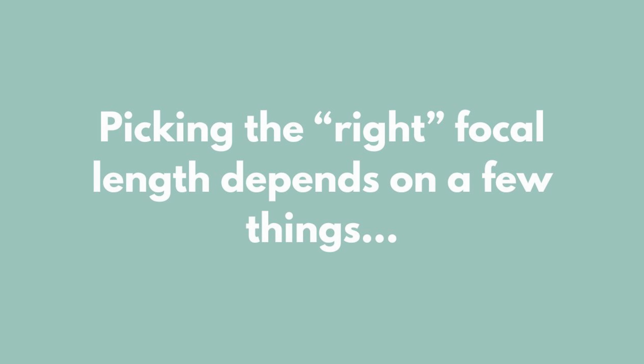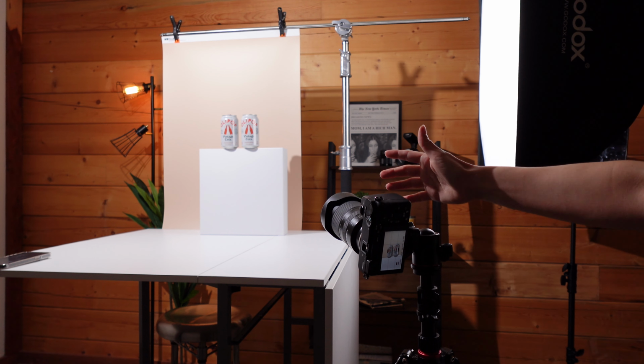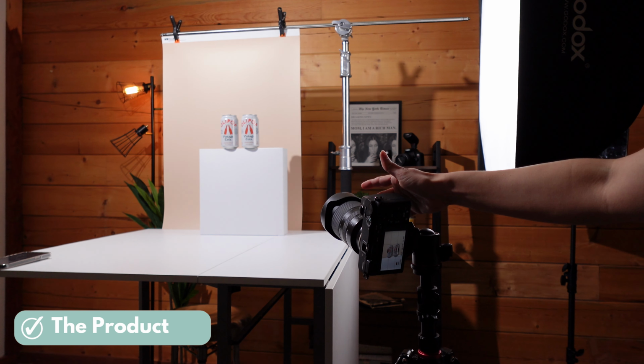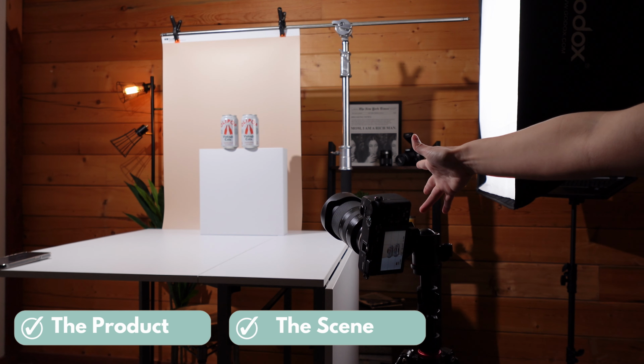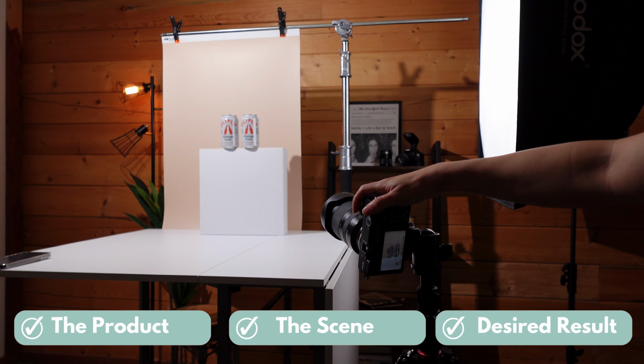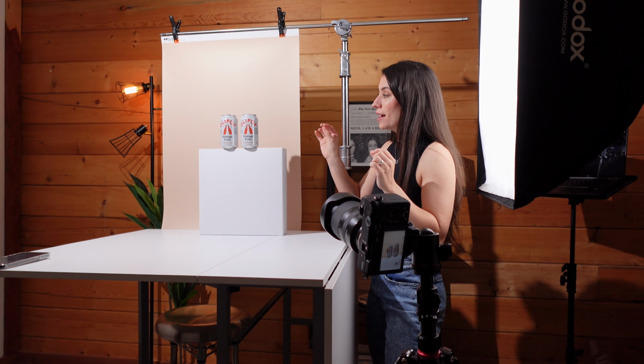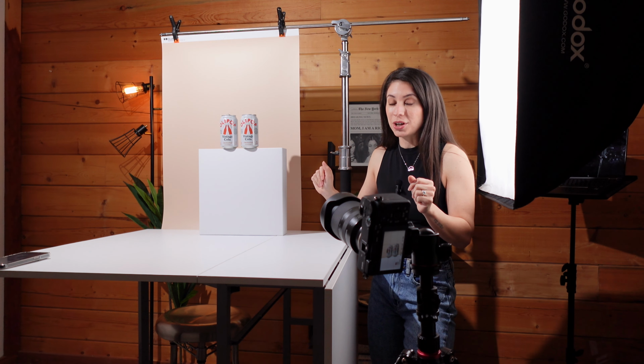I will say when it comes to picking the right focal length, it depends on the product that you're shooting, the scene that you're shooting, and what the end desired result is. Right now, I am at a 70mm focal length.